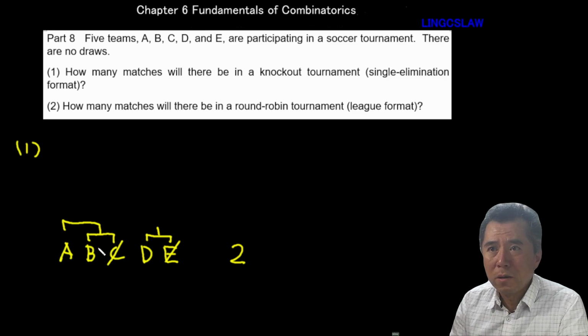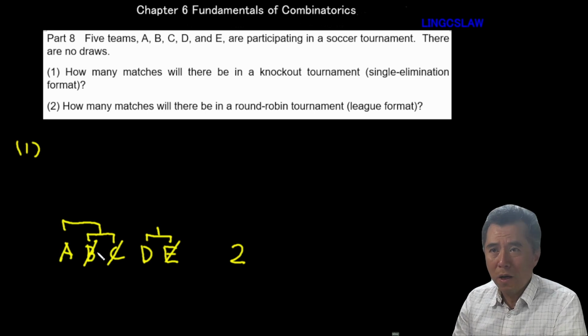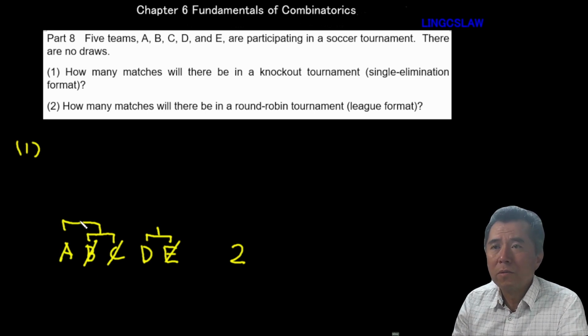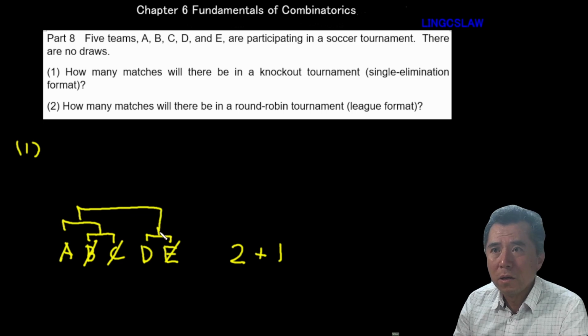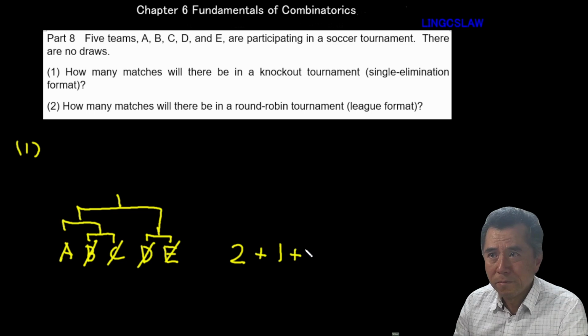Let's say A and B, and let's say B is a loser, and there is 1 more match, and finally this one, A against D, and there is another loser and 1 more match.